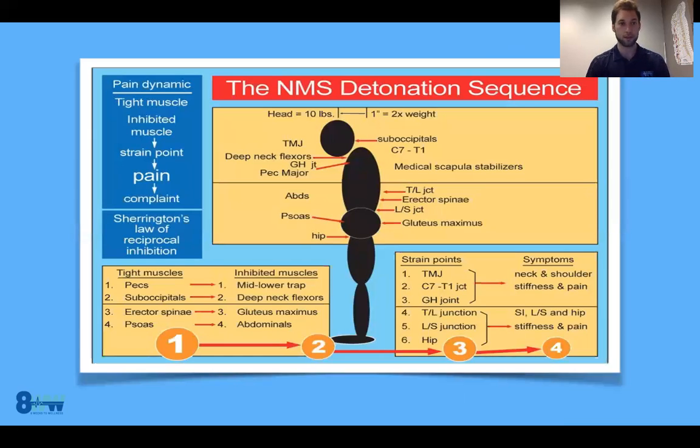Okay, we don't need to get into super technical terms here, but basically, what I was mentioning before is your nervous system is going to control how you hold your body upright. Okay, and these muscles, so the nervous system controlling the muscles to keep something stable in the right position.